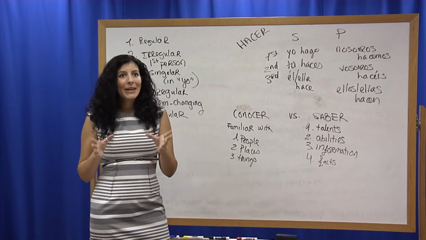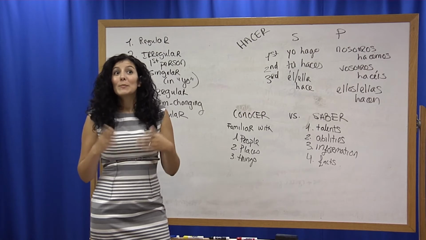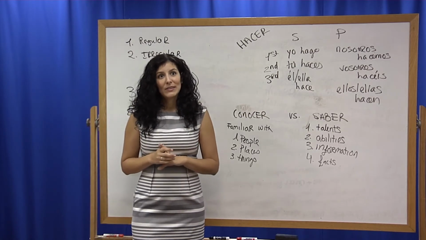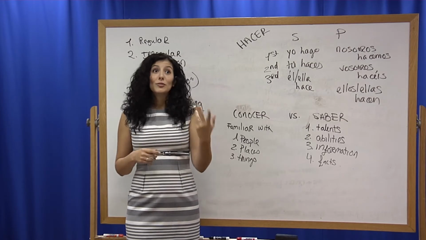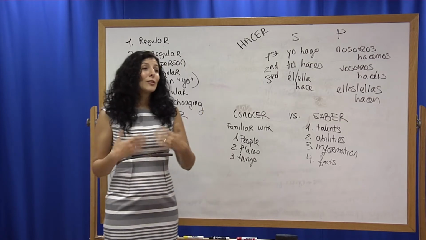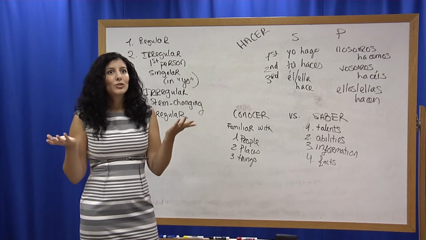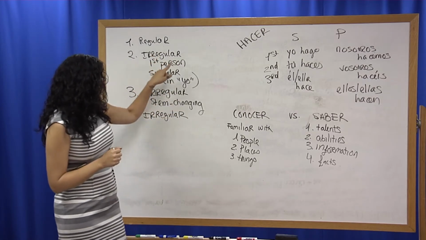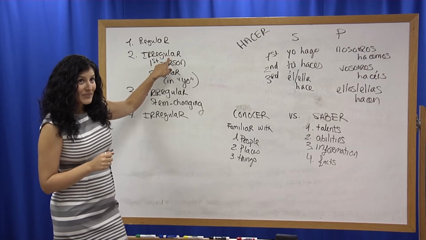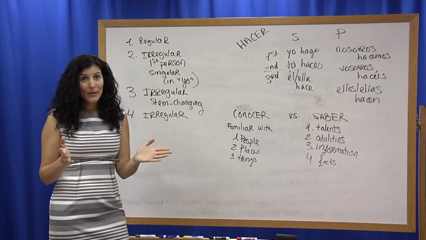There are many, many examples of this in Spanish. For example, you will learn that there are two ways to talk about the past, two ways to say the word for, there are two ways to say the verb to be, there are also two ways to say the verb to know in Spanish, and they are both first person singular irregular verbs. So they are both in this category.